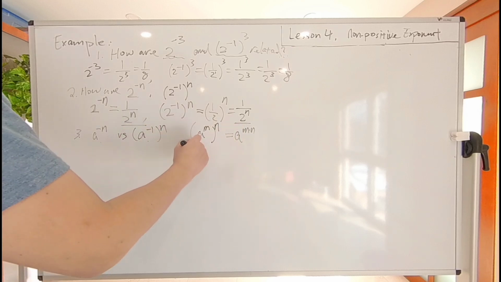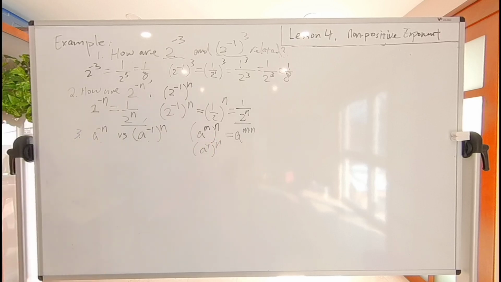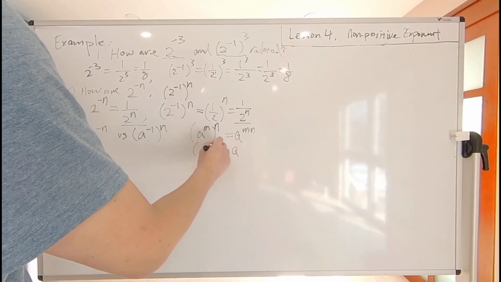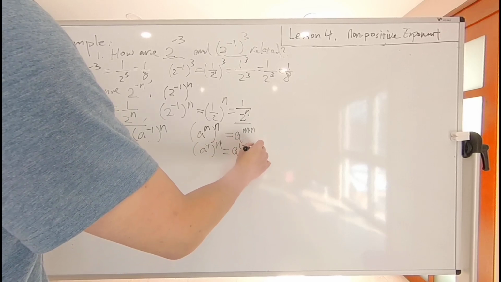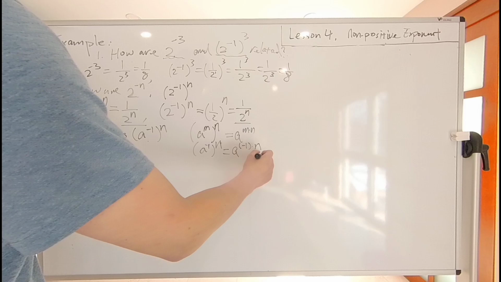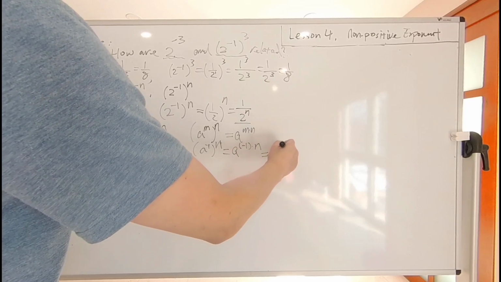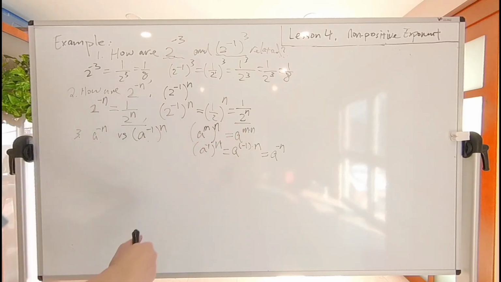So in this example, a to the minus 1, to the n, if you consider minus 1 as one of the powers and n as the other, then minus 1 times n is really just minus n, right? So this can also be derived by knowing the power over power.